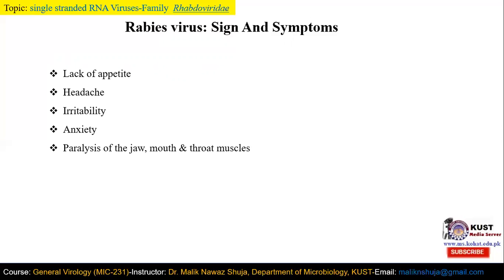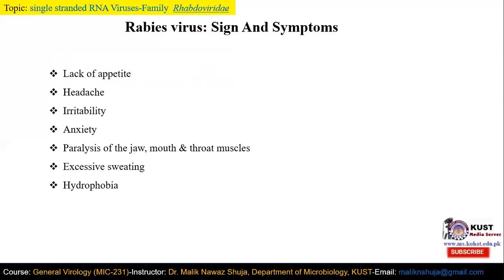because rabies is a bomb. Once the patient becomes positive, it is just a bomb lost inside the brain, which leads to worse anxiety, paralysis of jaw, mouth, and throat muscles, excessive sweating, and hydrophobia, because the person is afraid of water.